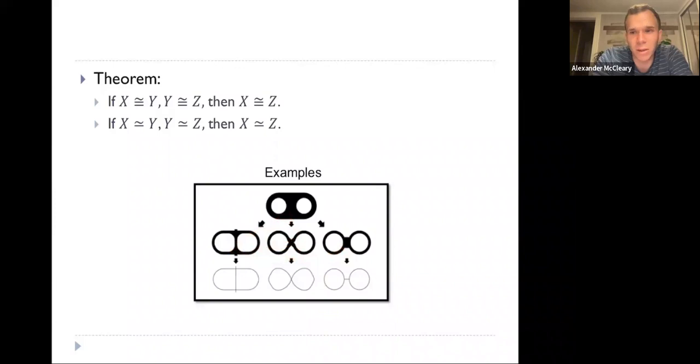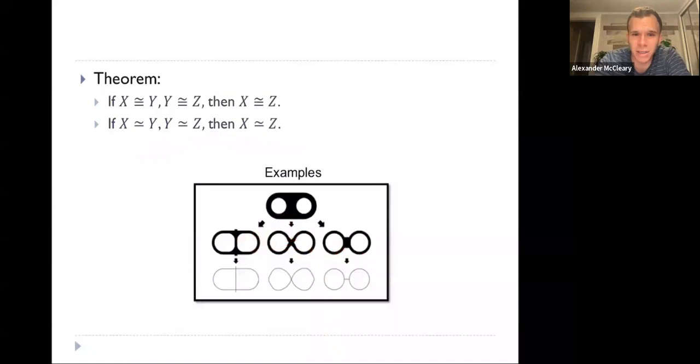And then the same thing also holds with homotopy equivalence. So if X is homotopy equivalent to Y, and Y is homotopy equivalent to Z, then X is homotopy equivalent to Z as well. So going from here to here, this is a homotopy equivalence, not a homeomorphism. Same thing here. From here to here, this is a homotopy equivalence, but not a homeomorphism. And this is also a homotopy equivalence.